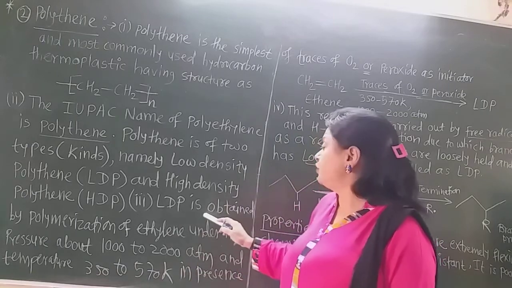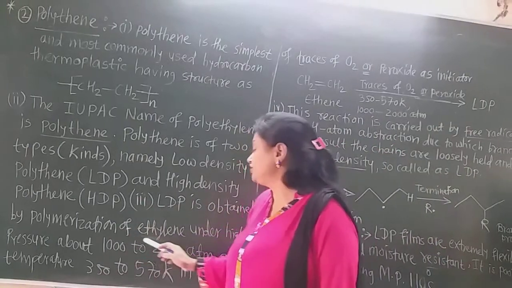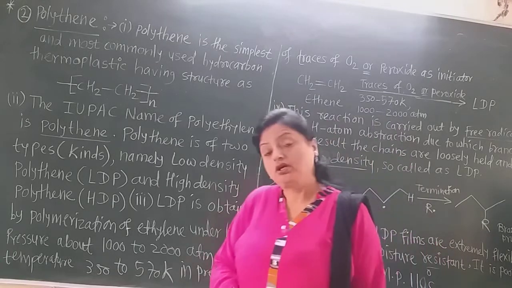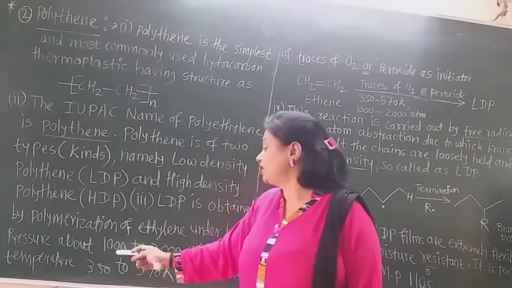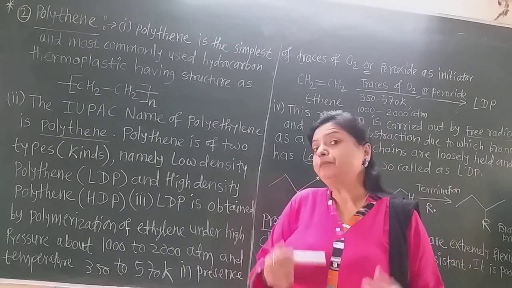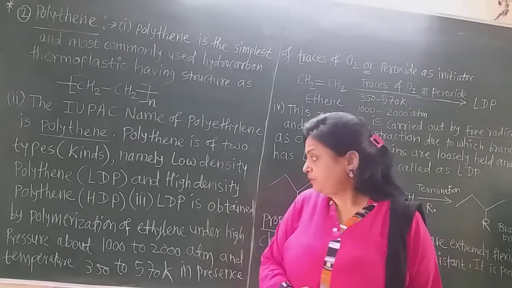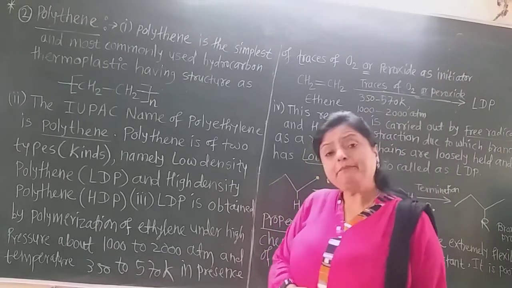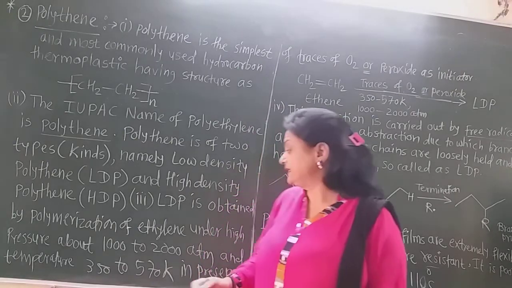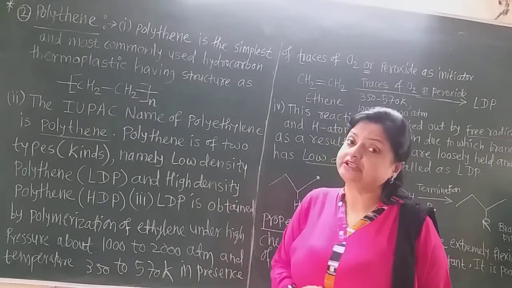Low density polythene is obtained by polymerization of ethene or ethylene under high pressure. A pressure of about 1000 to 2000 atmospheres is required to prepare low density polythene, and a temperature of about 350 Kelvin to 570 Kelvin is required.